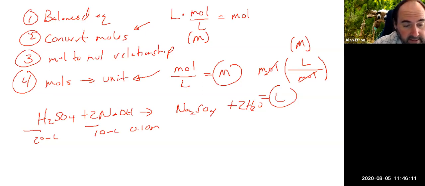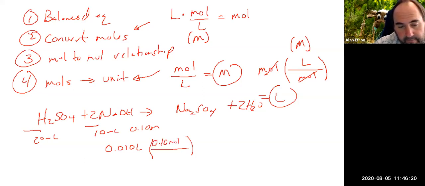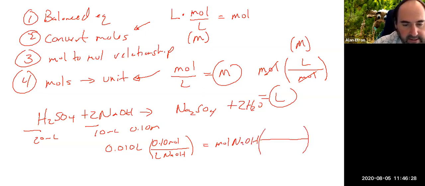You'd have the balanced equation. You want to convert that volume into liters. You want to use the molarity of your sodium hydroxide. That will give you your moles of sodium hydroxide. You then could use the balanced equation, 2 moles of sodium hydroxide, 1 mole of H2SO4, will give you the moles of H2SO4.